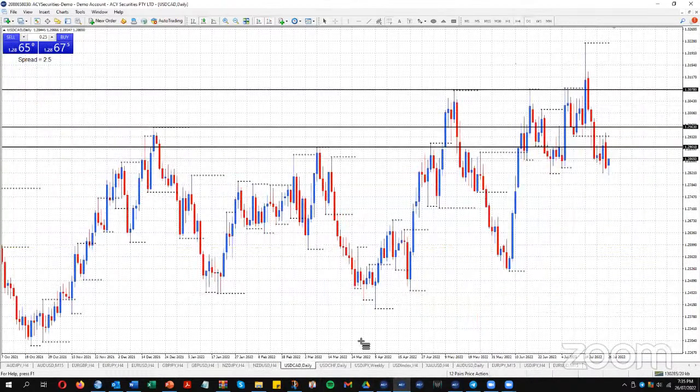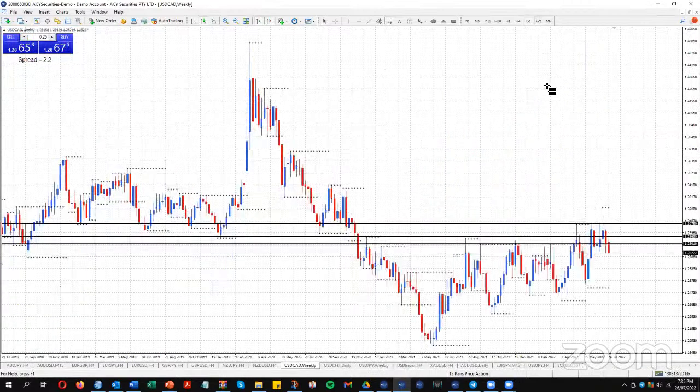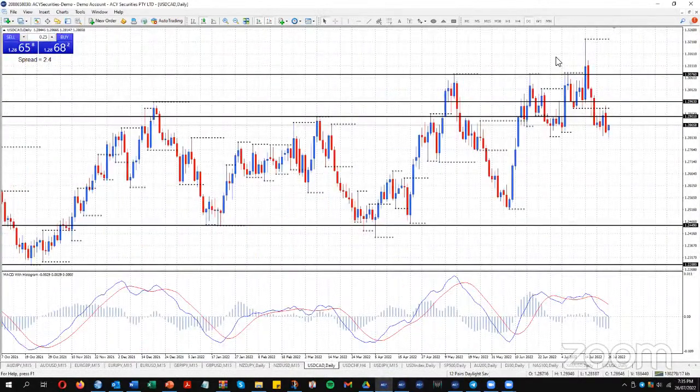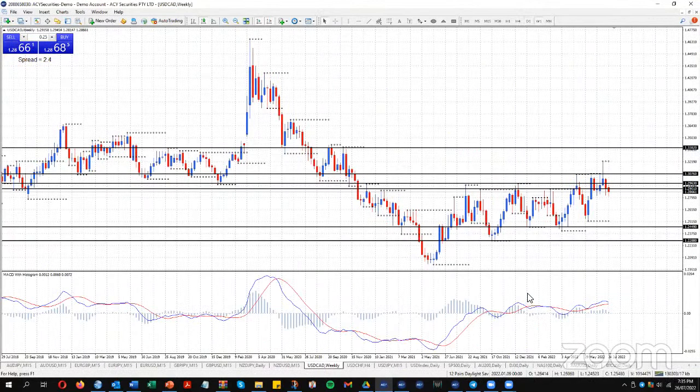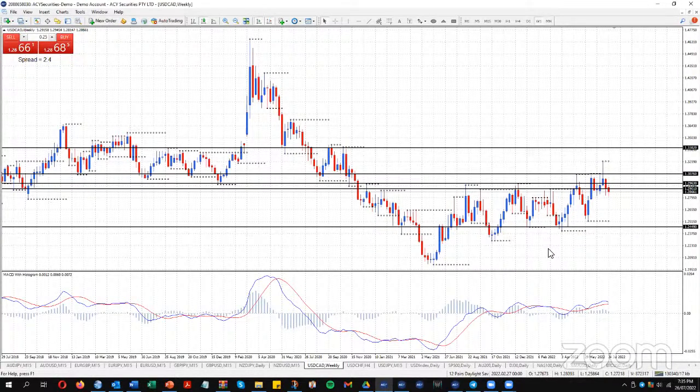All right, dollar Canadian. Now, I don't trade this pair, but we have been discussing it. And what we've been seeing is a long-term trend. I'm going to go to my other charts that are set up with a few more levels on. All right, the weekly chart here. See all this consolidation that we've been having on the weekly chart.